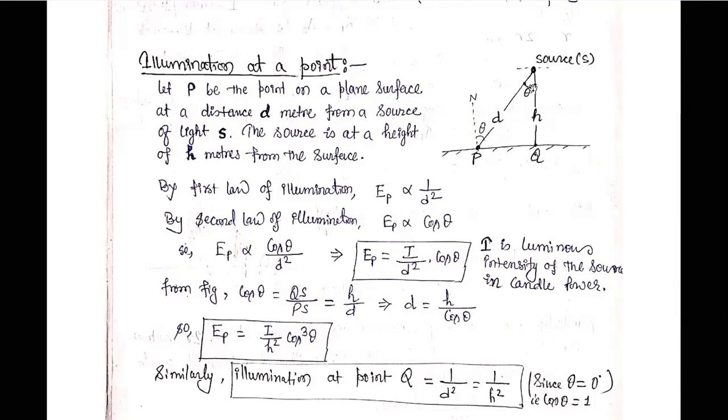This is the question. Okay, this is what we have to find out. Under different condition, what will be the illumination? What is the illumination at this particular point? Just at the perpendicular and at a particular point P, which is creating an angle of theta to the normal of the surface.